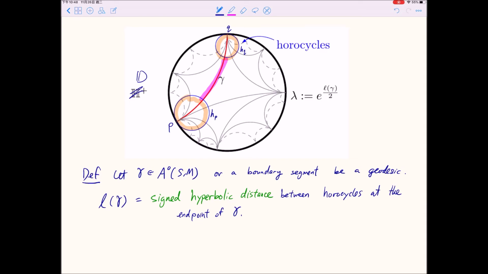And signed here means that if the configuration is like this picture, then you will have a positive number as your distance. But if your horocycle is too big so that they overlap, then we will take the negative of the distance.